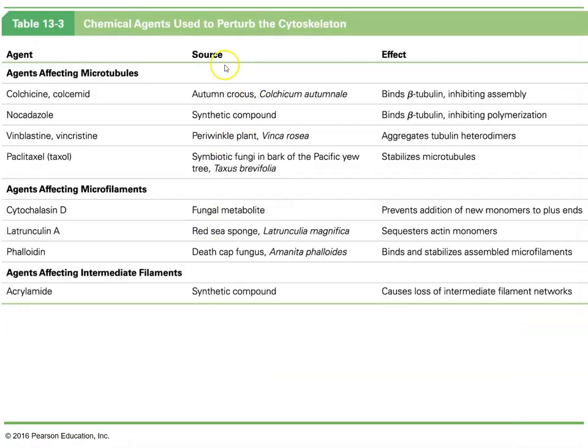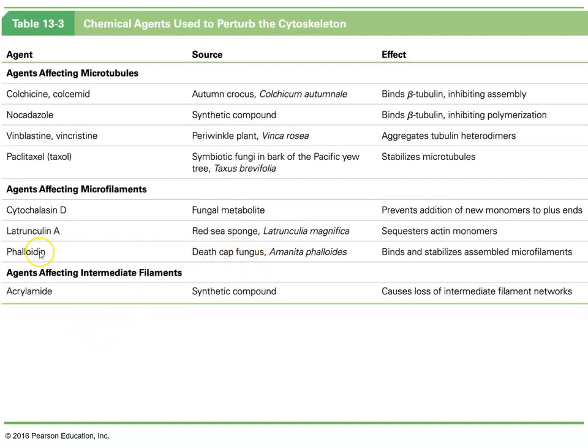Here are some of the chemical agents, and you'll notice the drug names and also the sources, where they were identified from. Not necessarily just acrylamide is synthetic, but a lot of these actually come from plant compounds, a periwinkle plant, for example. Nocodazole is synthetic, but a lot of these are found in other places.